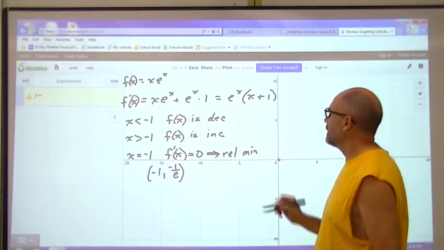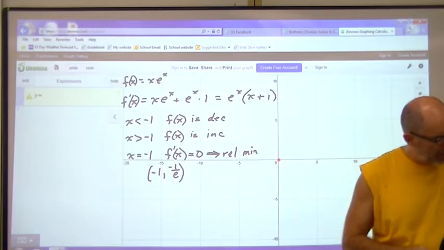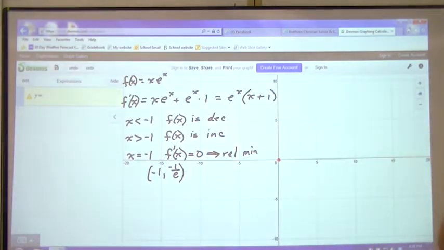And so let's put that on there. Where is negative 1? Yeah, we don't have a decimal approximation there.